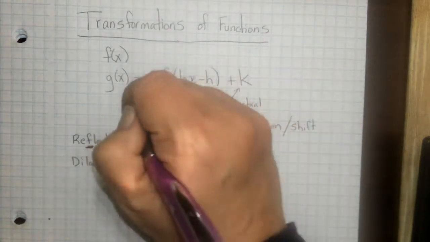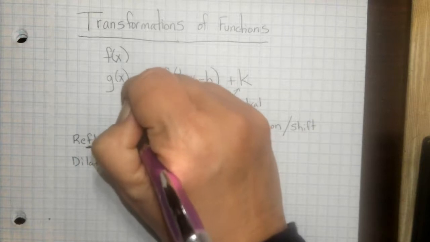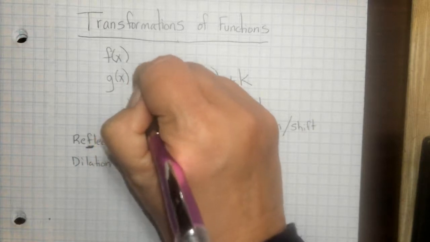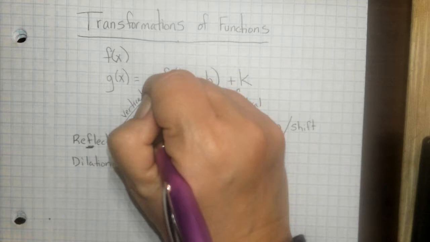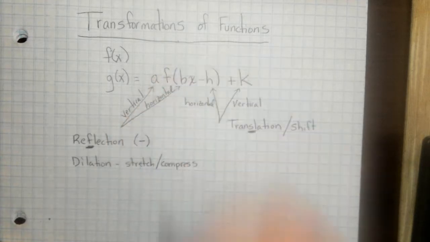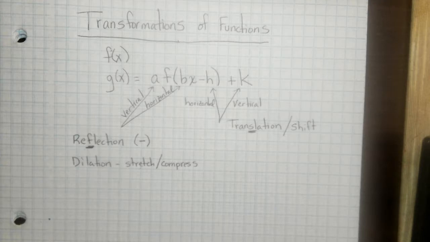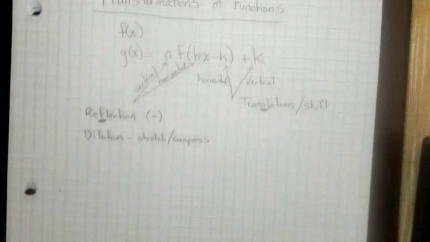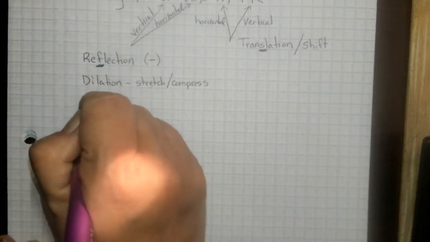The a is going to cause vertical stretches and compressions, and the b is going to cause the horizontal ones. So that right there gives you an overview, a summary of the different transformations. All right. So let's focus in on translations.